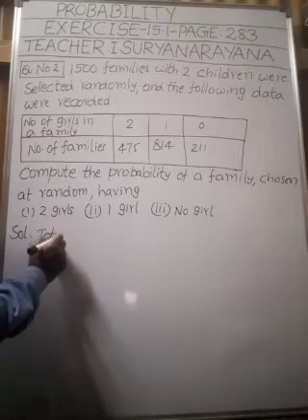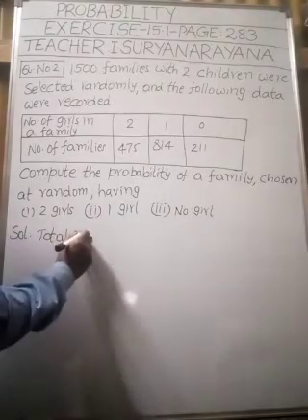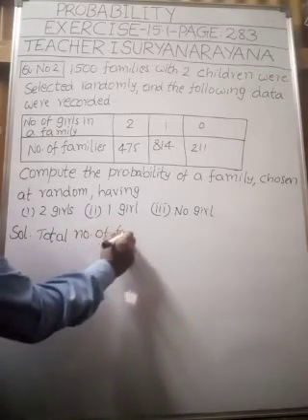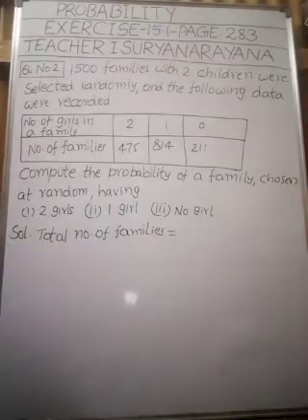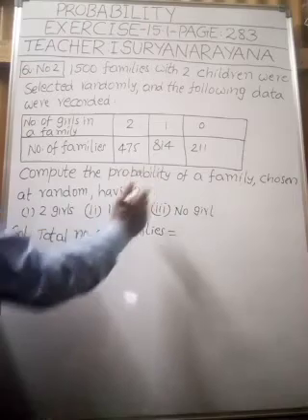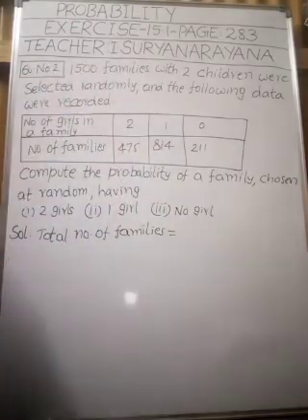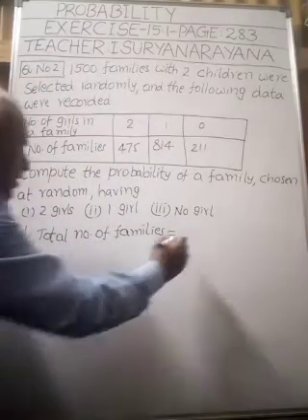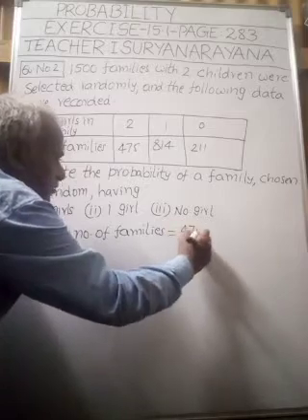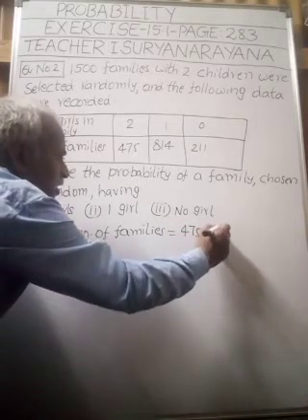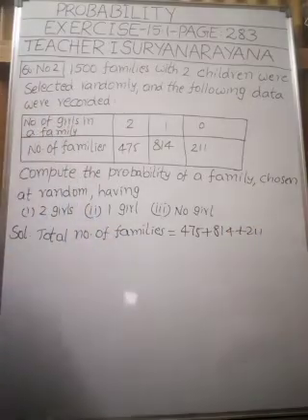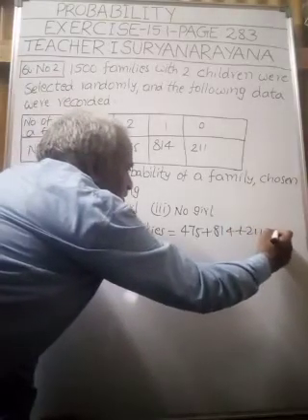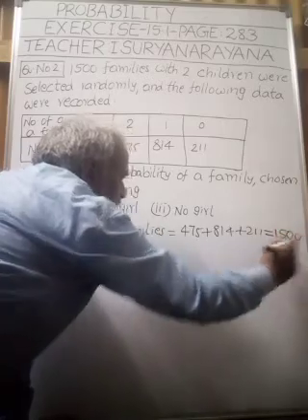Total number of families. Add all these 3. Automatically we get to 1500. Yes or no, my children? 475 plus 814 plus 211. By adding these 3 numbers, we get to 1500.